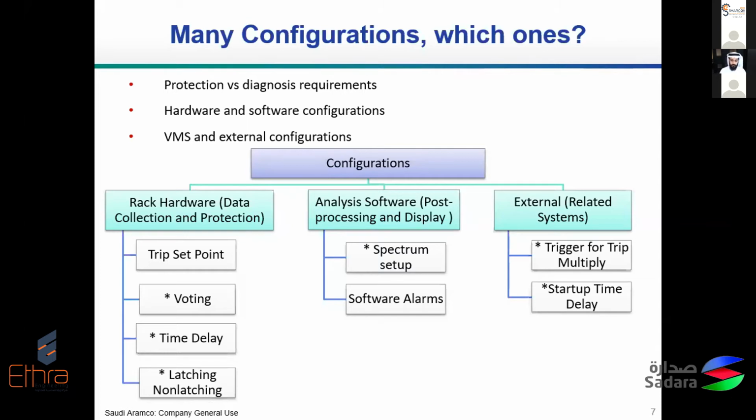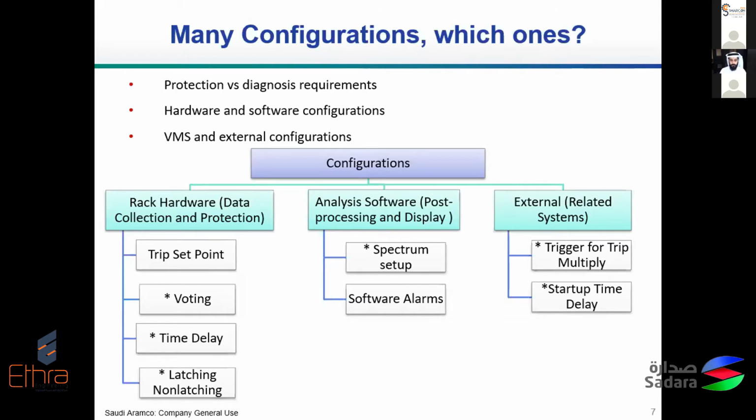But we have one more group of configurations that is even outside the hardware and software of VMS. It is the plant system. So for example, we have configurations that interact with the VMS from outside, such as the ESD. So sometimes we have a configuration that is on top of the VMS.